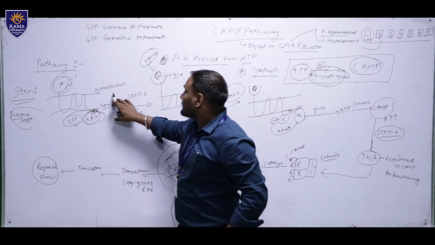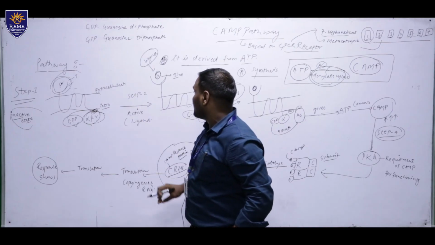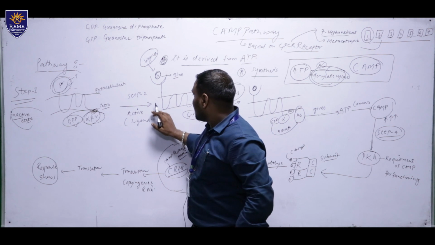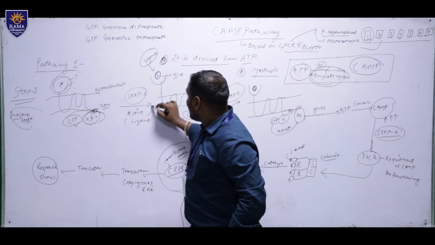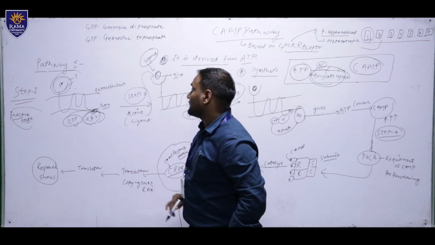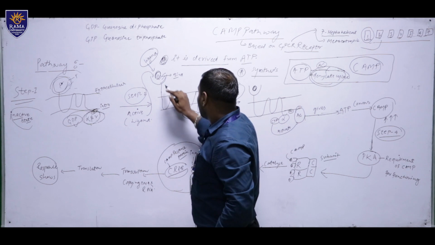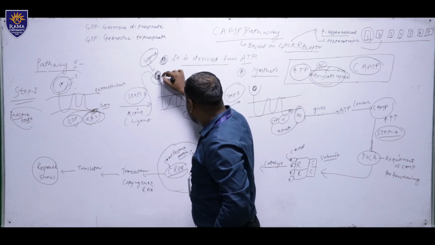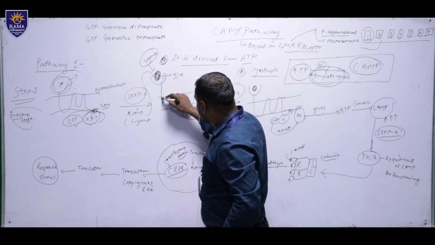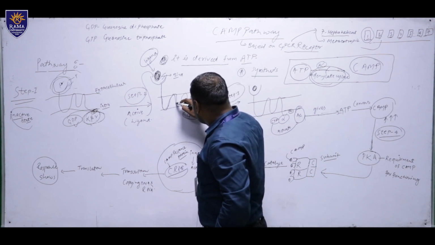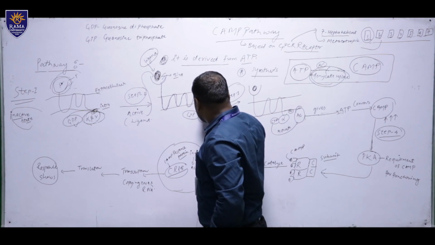And then the second step, now we will discuss the cyclic AMP pathway. In the second step the ligand molecule binds. Here you can see the ligand molecule bind, and after that you can see the ionotropic channels, and this site is the G protein.